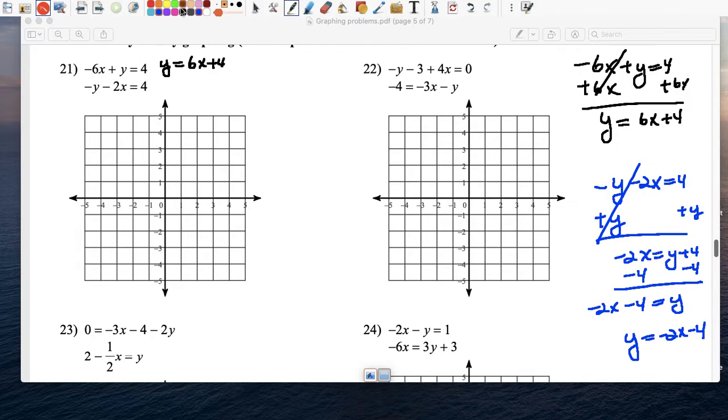So let's plot the first one, 6x plus 4. The y-intercept is 4. Make a big circle there. And 6 over 1, rise over run, right? So it's a positive slope, so I don't have room to go up. Let's go down. 1, 2, 3, 4, 5, 6, and we're going to go 1 to the left, sorry.